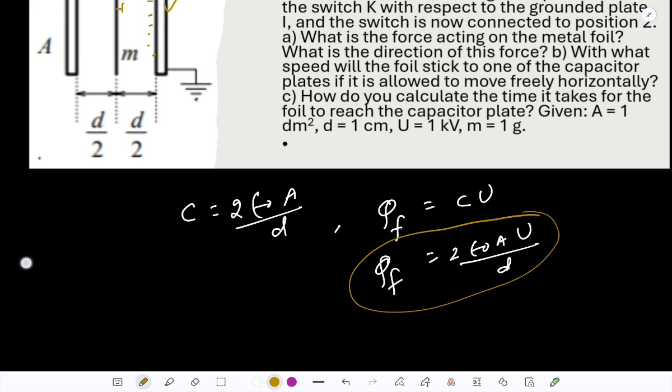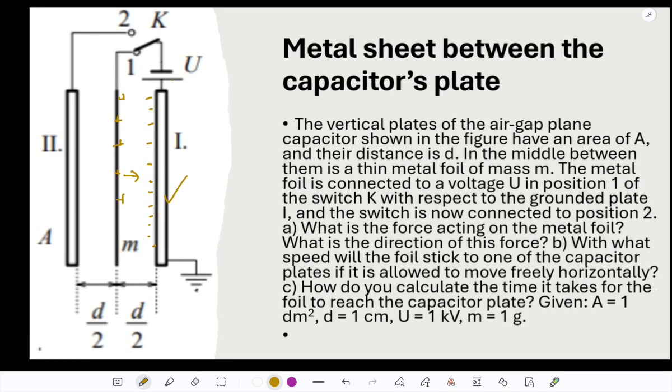And now if we switch the key to position 2, determine the resulting electric field in the position when the metal foil has already moved some distance, because when the switch is being shifted from position 1 to position 2, in between this plate will move some distance.